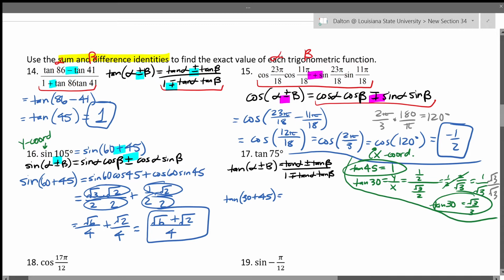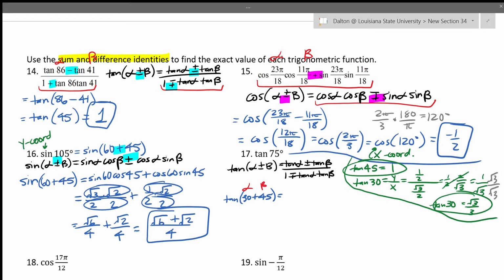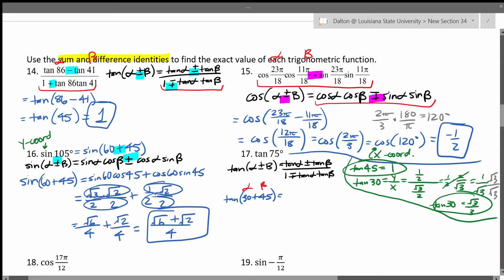Plug those in the identity. So again, if 30 is alpha, 45 is beta. And as far as signs go, I'm adding 30 plus 45. So if I'm adding alpha plus beta, that means I'm going to use the top sign in that symbol. So the top sign over here will be plus, and over there will be minus.